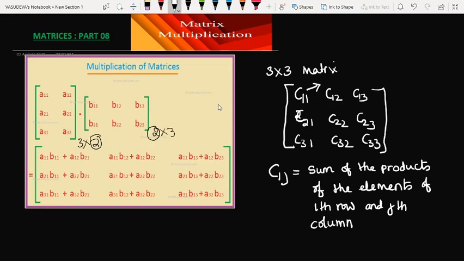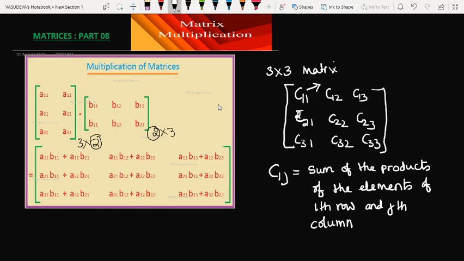C12 is the sum of the products of the elements of the first row of the first matrix and the second column of the second matrix. This is the first row and the third column, C13. So now in this case, in these matrices we already have the elements. That must be a 3/3 matrix.